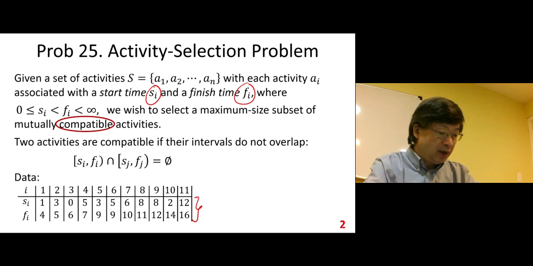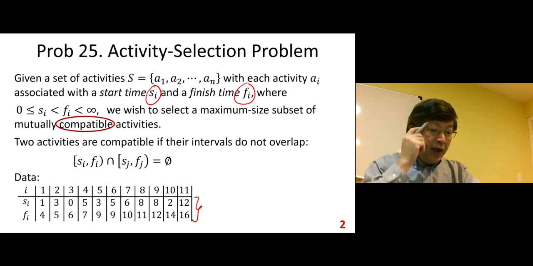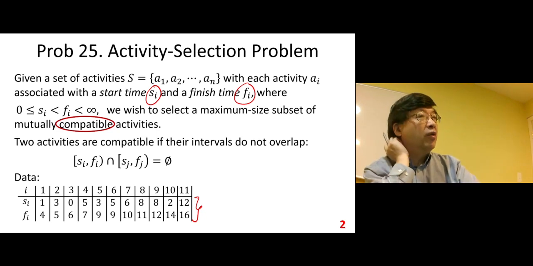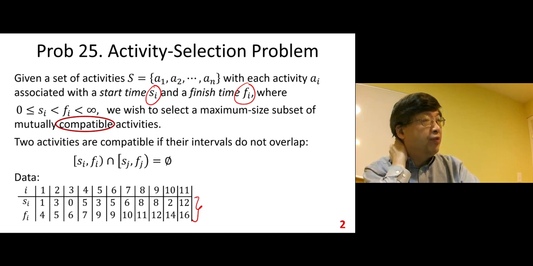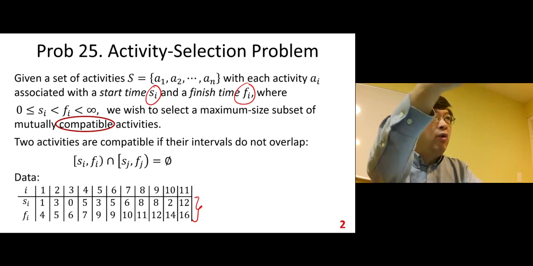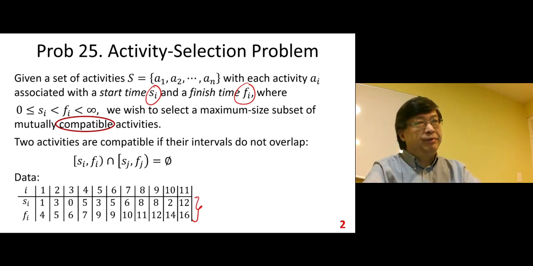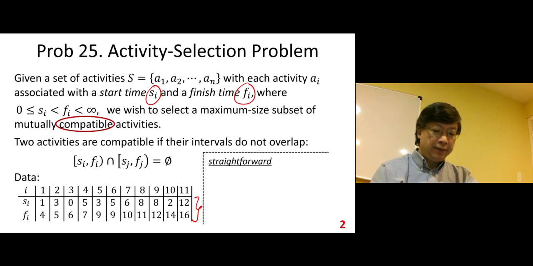All right? Then, let's apply the greedy algorithm, the straightforward way to select the maximum number of activities with the mutual compatibility property.